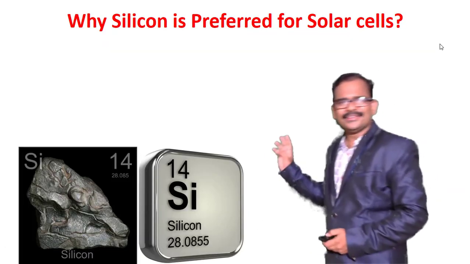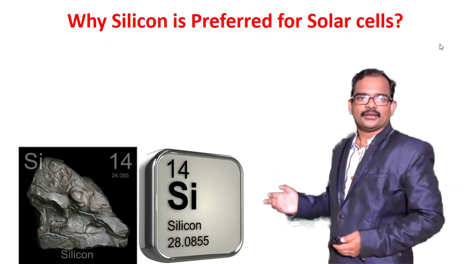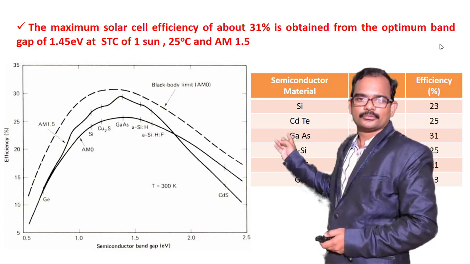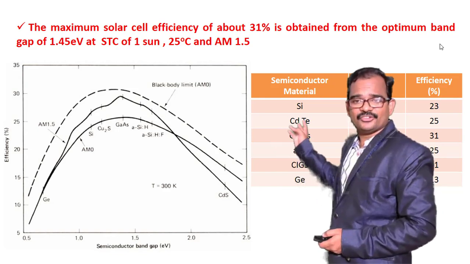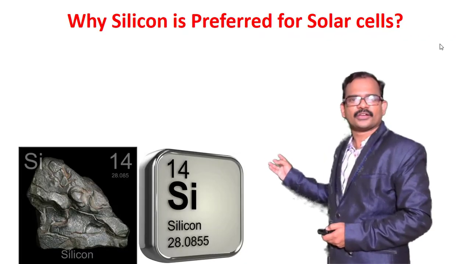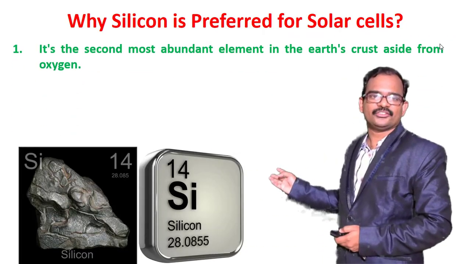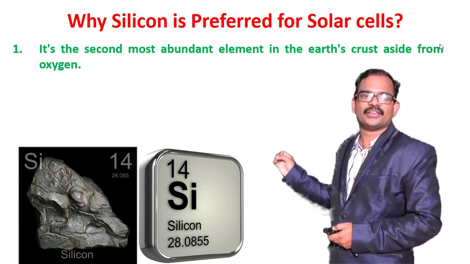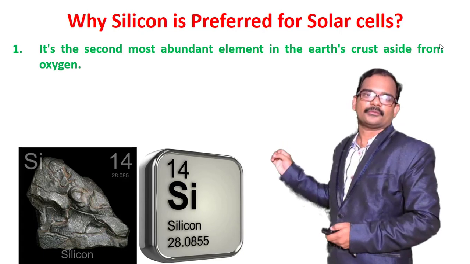Now, why is silicon preferred for solar cells? Even though gallium arsenide has a 1.45 electron volt band gap and an efficiency of 31%, we will prefer silicon for fabrication of solar cells. Why? There are three reasons. The first one is that it is the second most abundant element in the earth's crust aside from oxygen.